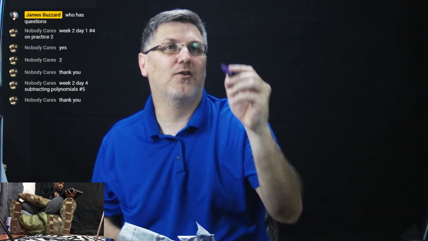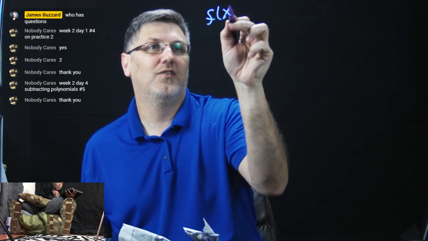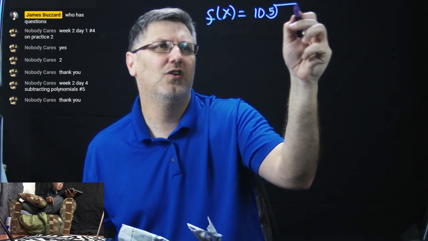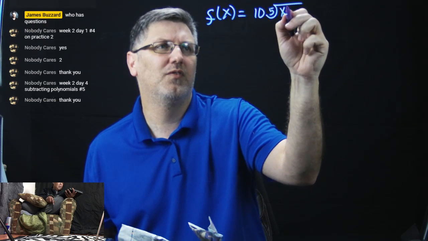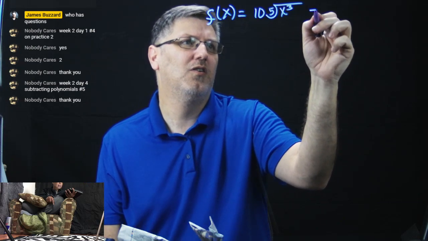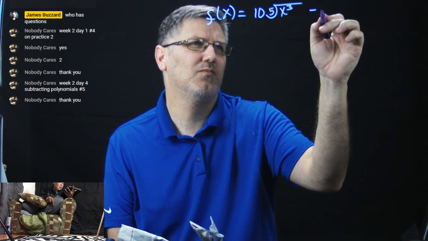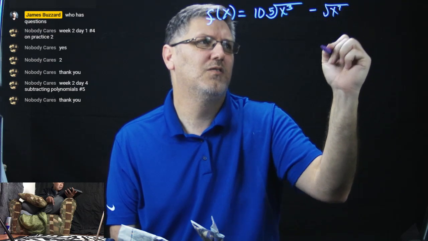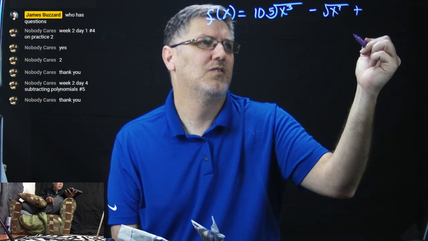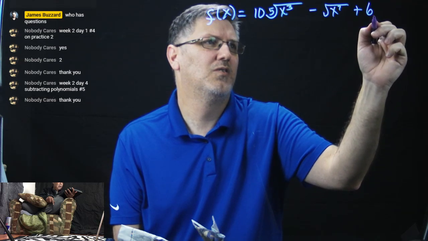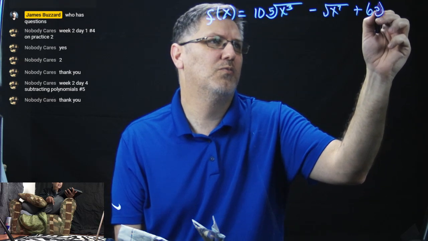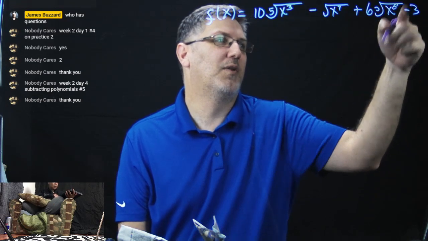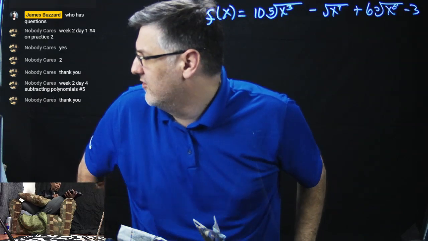You know, it's nothing more than a power rule. f of x equals 10 times the 5th root of x cubed minus the square root of x to the 7th plus 6 times the cube root of x to the 8th, and then minus 3. Oh, the minus 3 goes away. It's a constant. The derivative of a constant is 0.